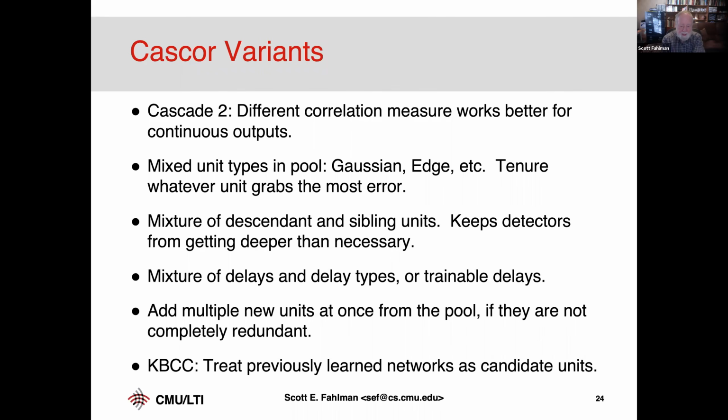So let's see. So we just talked about adding multiple new units at once. There was a fellow I was collaborating with at McGill in Montreal, Tom Schultz, whose group started using whole trained networks as potential new candidate units in the hidden pool. So these are features that you could add, and it's a whole trained network instead of some simple little thing.